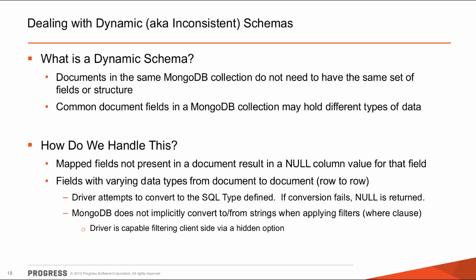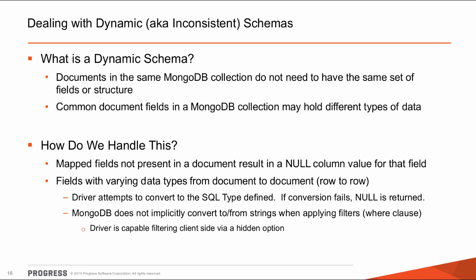Mapped fields that are absent from a particular document resulting from a query against a MongoDB collection will result in a null value in the corresponding relational column for those relational consumers. And if there's additional data in that JSON document, that's a no-op, right? Because anything that isn't mapped to the relational view isn't going to affect the relational consumers.